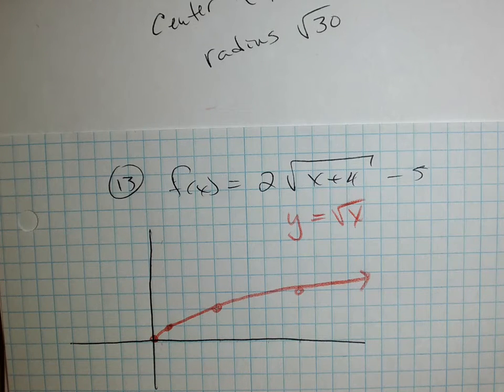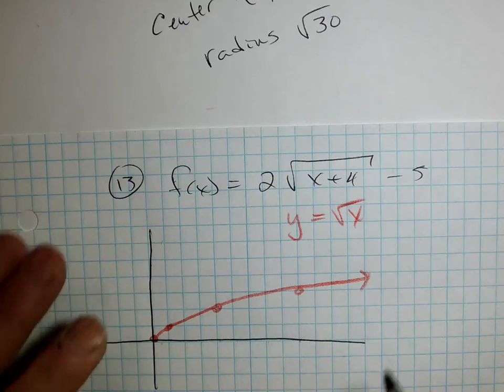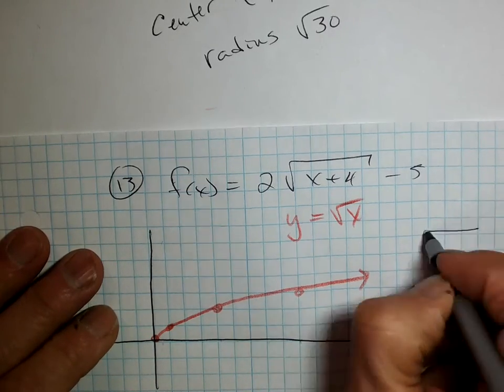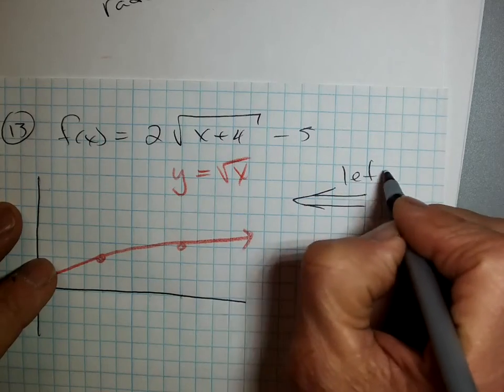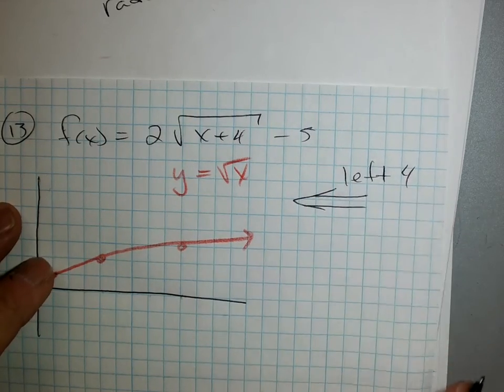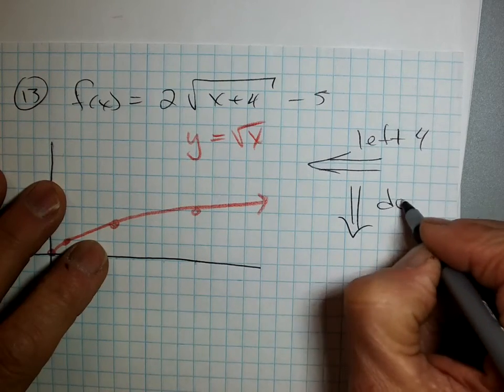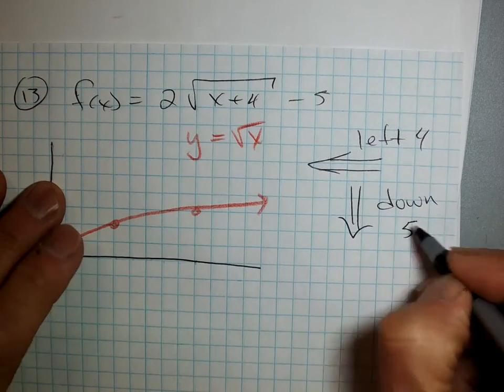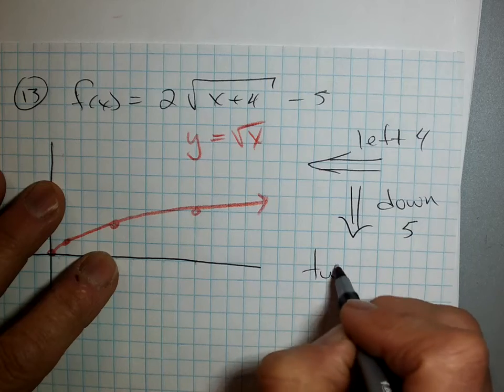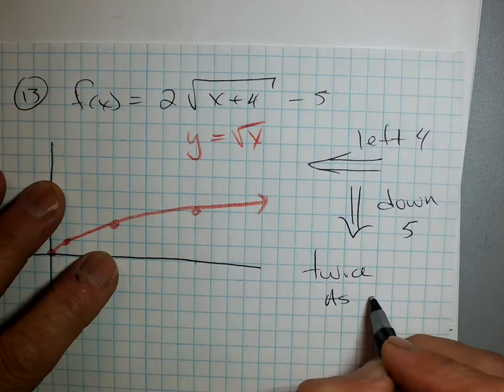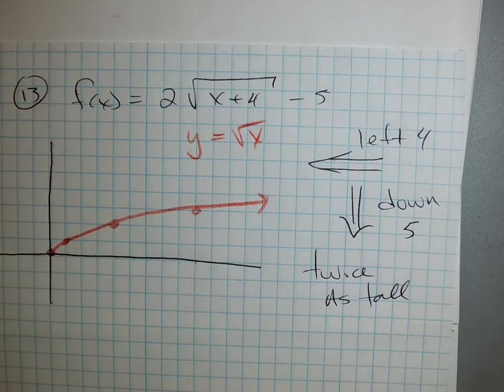What we're going to do with our parent function, though, is we're going to move this thing back. We're going to go left 4. We're going to go down 5, and then we're going to make it twice as tall, right?